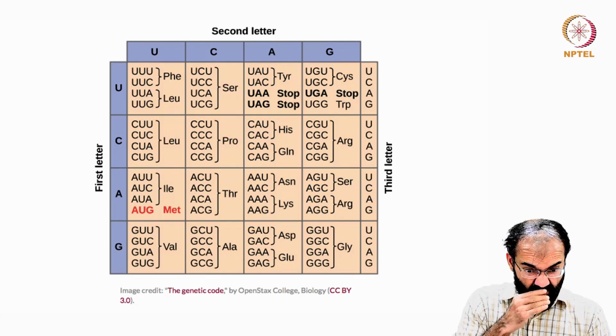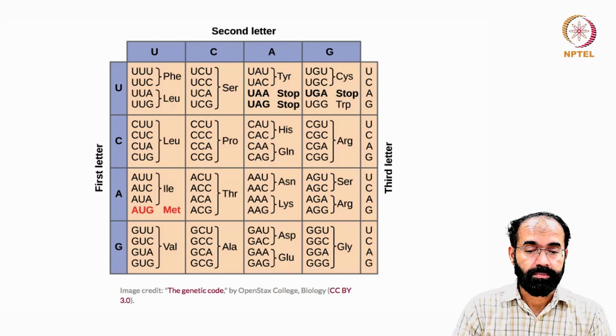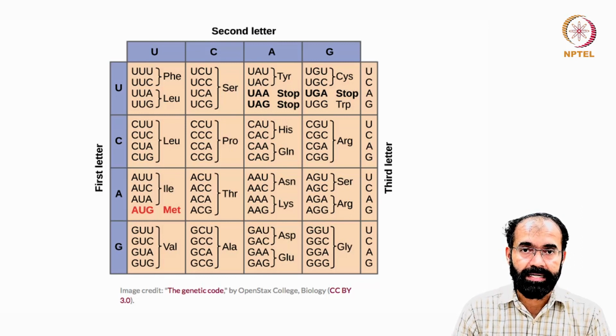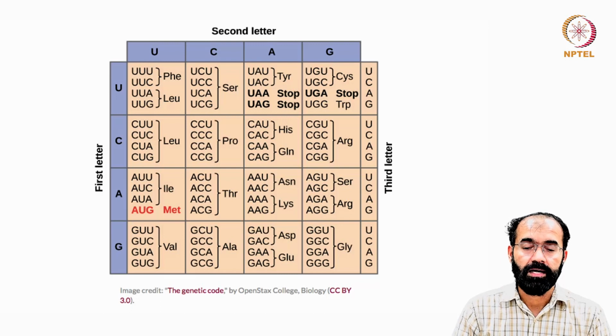So it keeps varying, and accordingly you will have phenylalanine, leucine, and so on. This discovery was made by one of the scientists of Indian origin, Hargobind Khorana. He also received the Nobel Prize for the discovery of the genetic code.